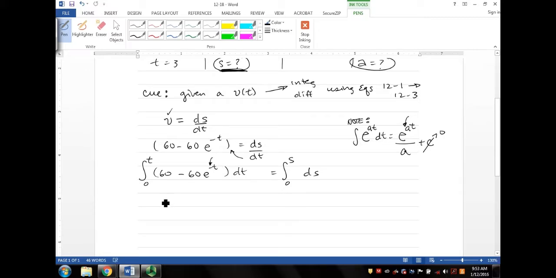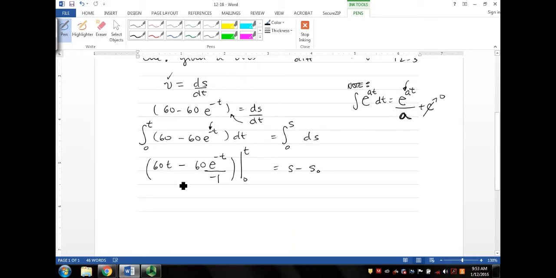Integrating this will yield 60t minus 60 e to the minus t. Now we have to divide by that constant, in our case -1, and we'll evaluate it from 0 to t. On the right hand side, that's simply s minus s naught.